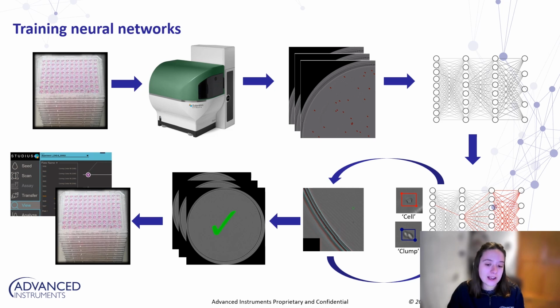For example, it will learn that cells have a specific size, a specific roundness, a specific colour. We leave the network training for a considerable chunk of time, and throughout this process, we continuously test it on images that we know the contents of, so we can continuously assess that performance. This process is repeated with continuous optimization of the network components until we get high levels of correctly labeled wells. Once the network has reached a point where we think that it's learned all it can from the dataset, we stop the training and proceed to a full validation.